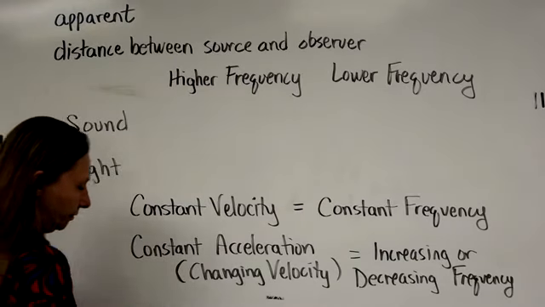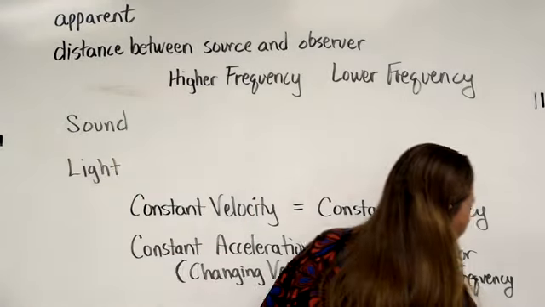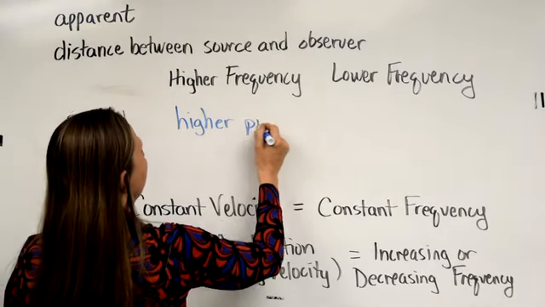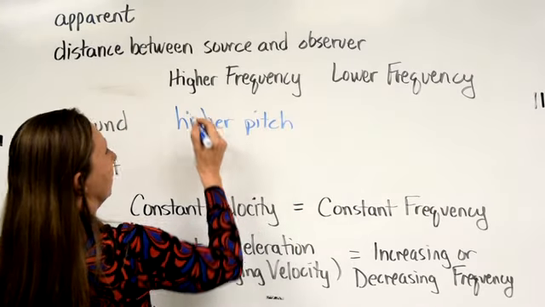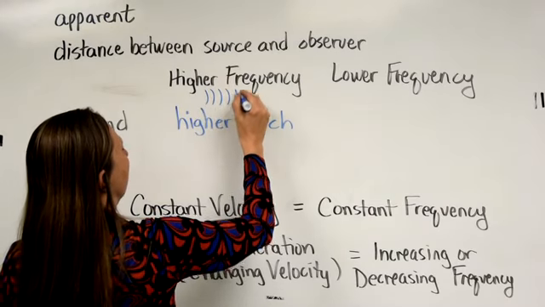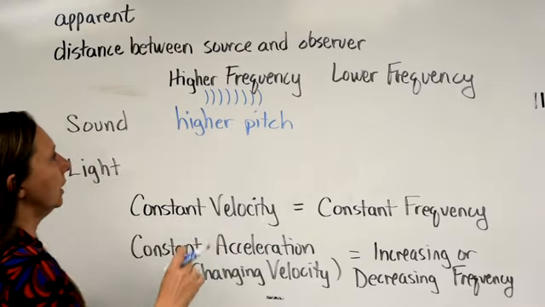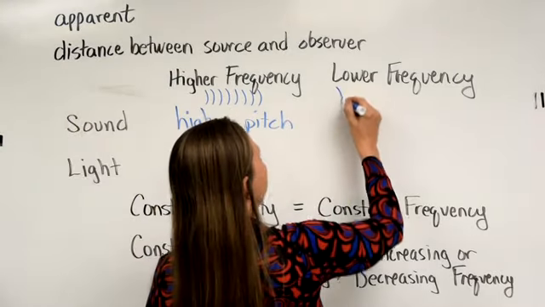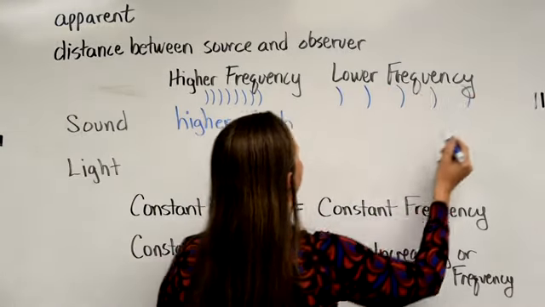when sound has a higher frequency, it's a higher pitch. It sounds higher. A higher frequency is closer together. The wave fronts are closer together. Lower frequency, the wave fronts are further apart.